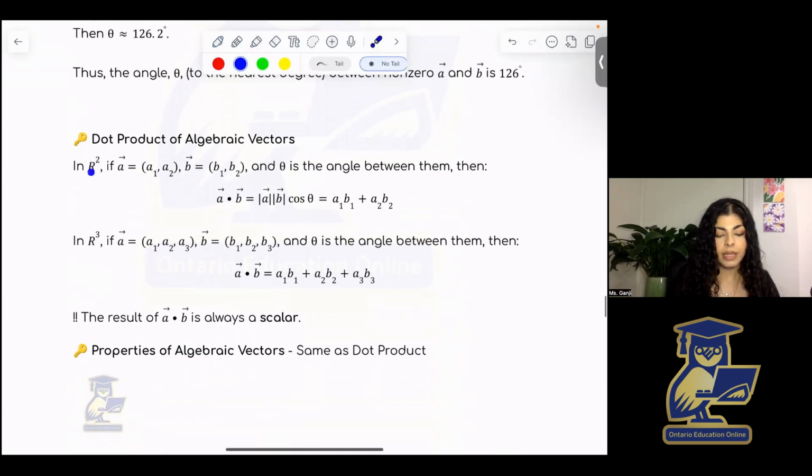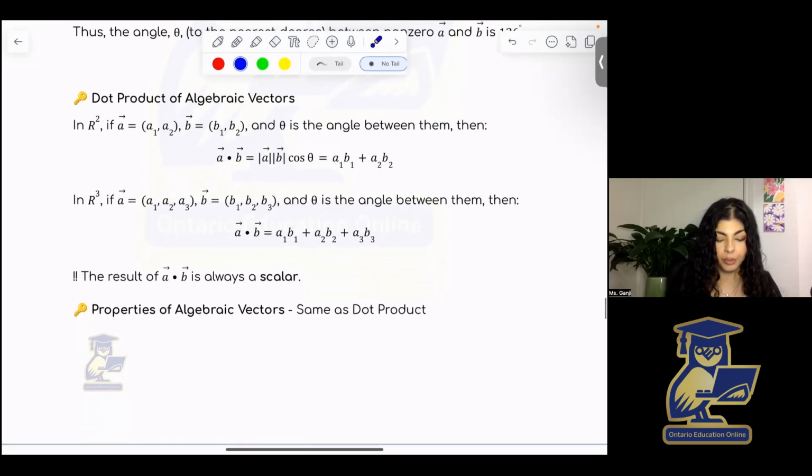So now, given A in component form with A1 and A2, B as B1 and B2, and the angle between them is theta, then here, all we're doing is, for the dot product, we have that same definition, but now this is equal to A1 B1 plus A2 B2.